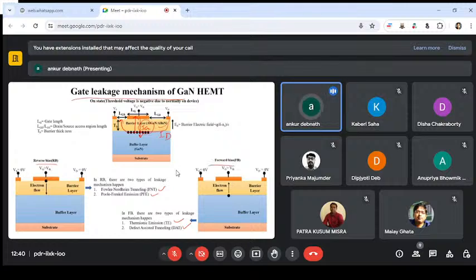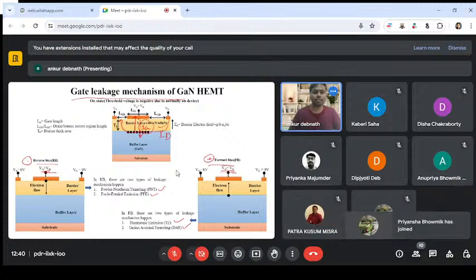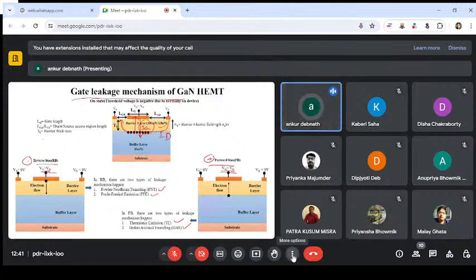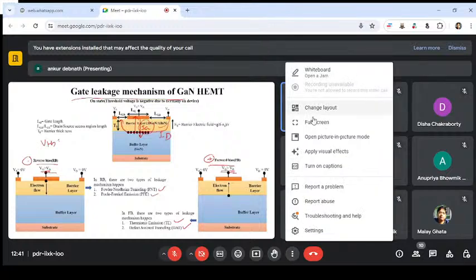In both cases VG is greater than VTH, but in this case VG is negative and in this case VG is positive. Now the question comes: why is VG negative? If VG is negative, it should not be higher than the threshold voltage. But in a gallium nitride HEMT, unlike the MOSFET, the threshold voltage is actually negative.